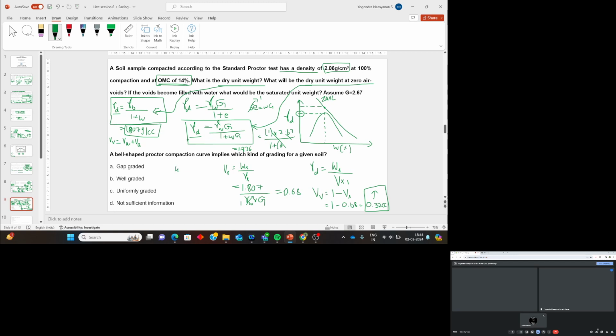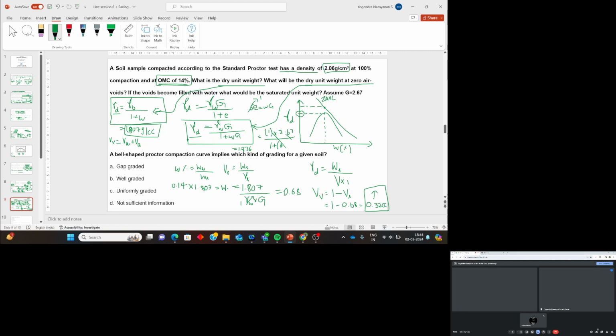So what is the moisture content formula? Water content is equal to weight of water by weight of solids. So this is 14%, 0.14 into weight of solids, which is 1.807.